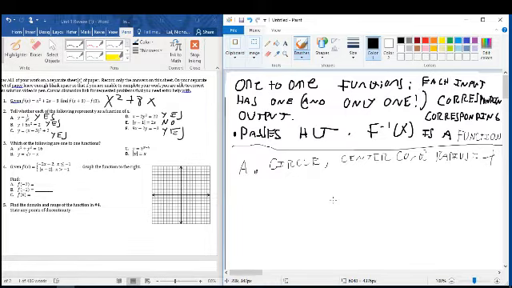So with x squared plus y squared equals 16, we would have 1, 2, 3, 4 in each direction. We just have a circle which fails the horizontal line test. Not one-to-one.